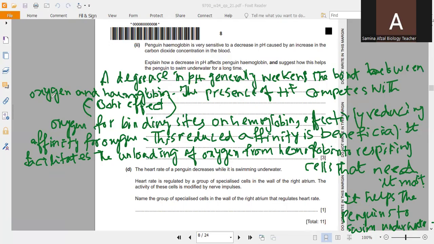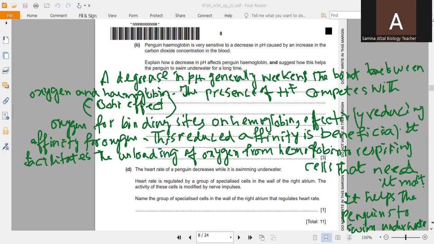Now the next question is, the heart rate of a penguin decreases while it is swimming underwater. Heart rate is regulated by a group of specialized cells in the wall of the right atrium. The activity of these cells is modified by nerve impulses. Name the group of specialized cells in the wall of the right atrium that regulates heart rate.